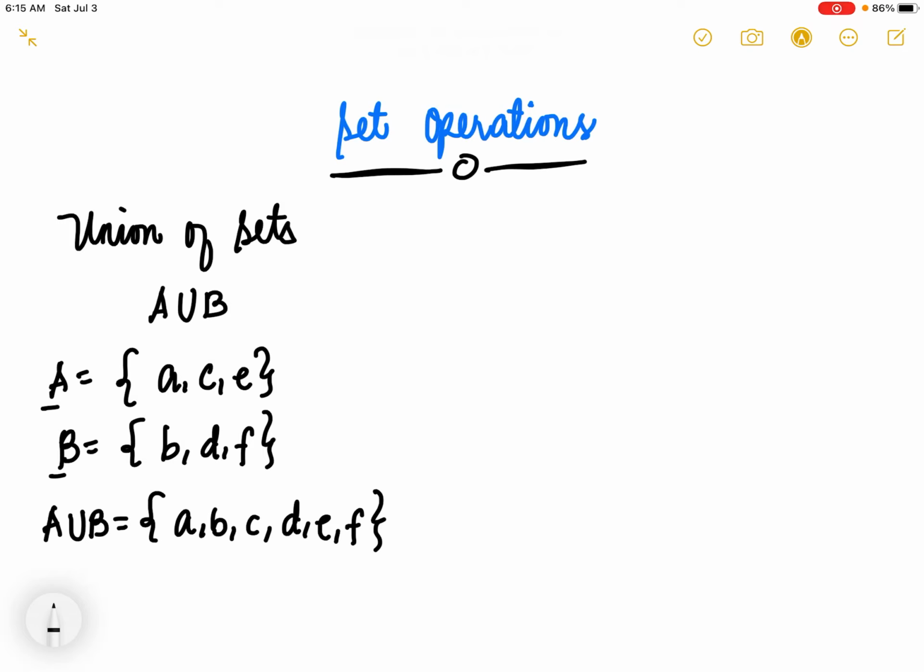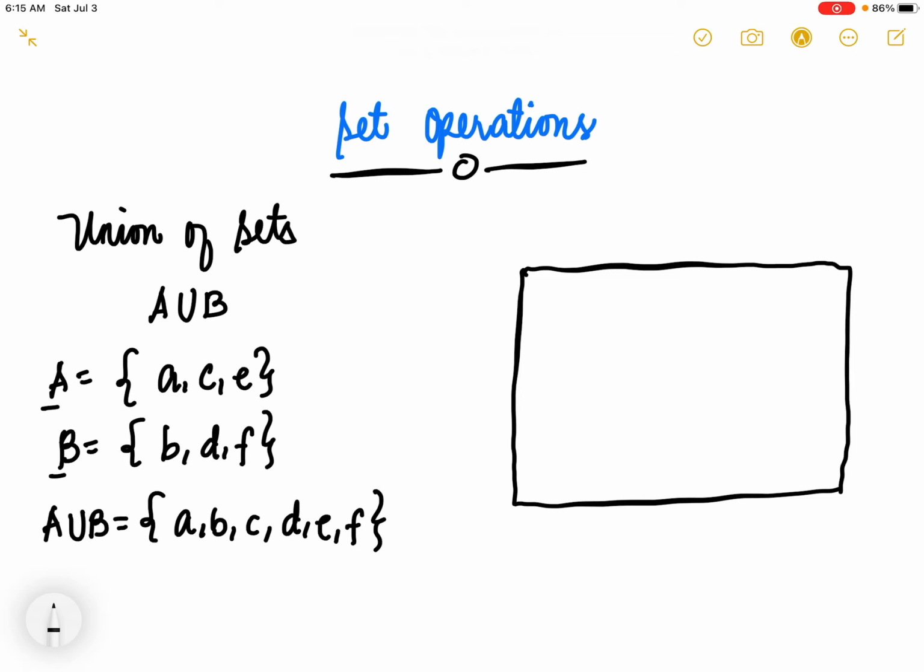If we are going to represent this one in a Venn diagram, we have this. First, we will draw the universal set, then we have set A and set B. Since they don't have common elements, then they are disjoint sets.